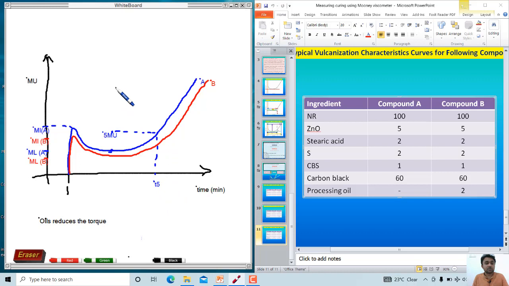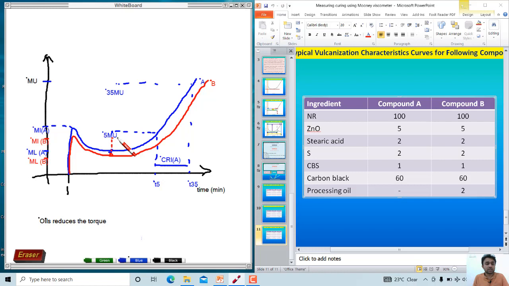Then we go to the T35, maybe 35 Mooney units, and come to the curve, maybe here, and to this T35. So this is the CRI of A.